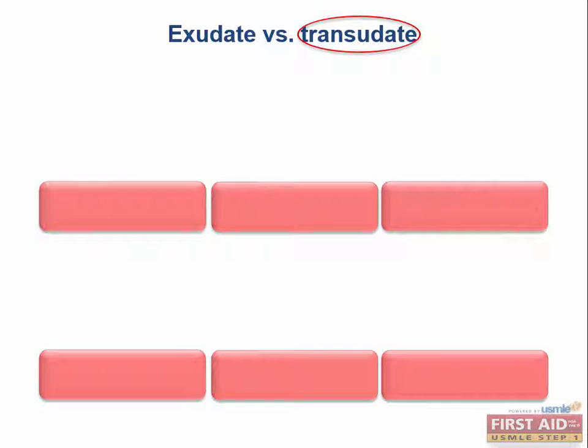So now that we've talked about transudates, let's talk about the more cellular, purulent, high protein content fluid called exudates. So exudates arise not from those forces we just talked about, but generally from whatever triggers inflammation that we discussed in previous slides.